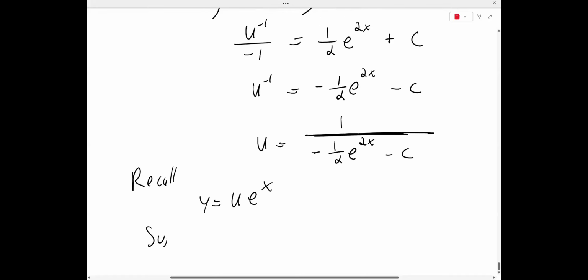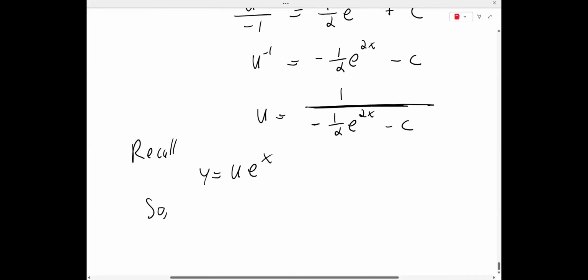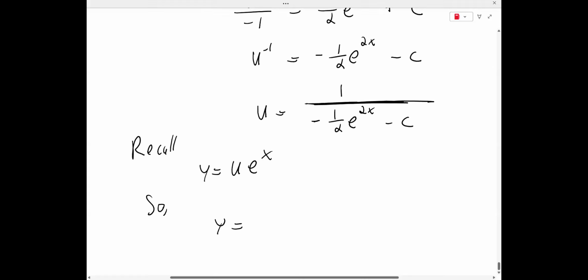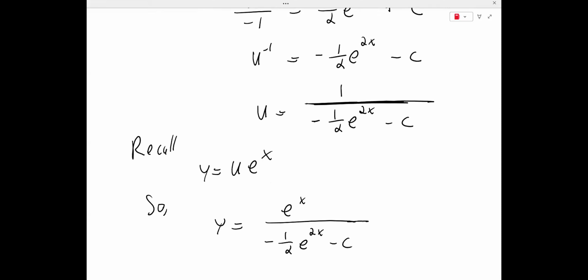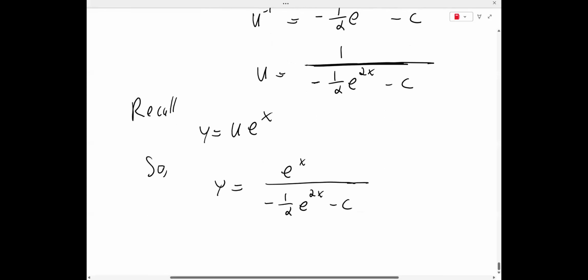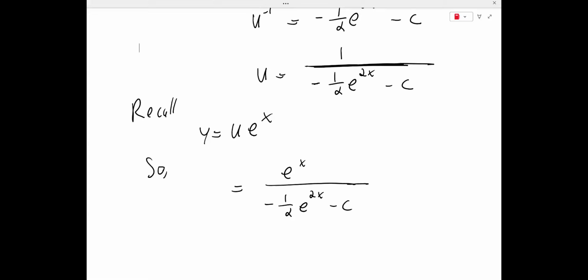Okay, so we got that y is equal to e to the x over negative 1/2 e to the 2x minus c. It doesn't matter if you call it minus c or plus c, that part doesn't really matter. But that would be the solution there then for it.